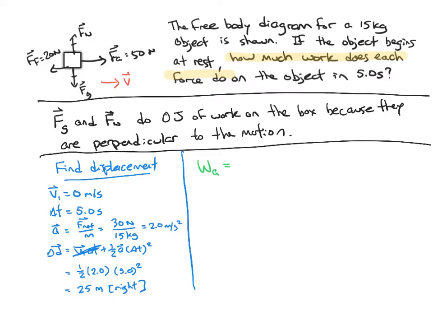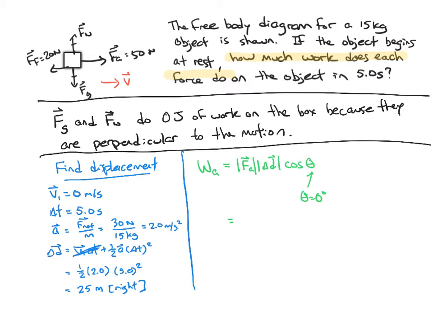So it's going to be the magnitude of the applied force times the magnitude of the displacement times cosine of the angle between the applied force and the displacement. That angle is 0 degrees because the applied force is to the right and the displacement is to the right. So there's 0 degrees between those directions.